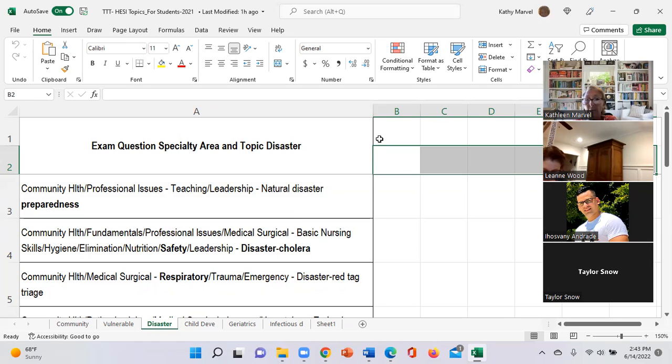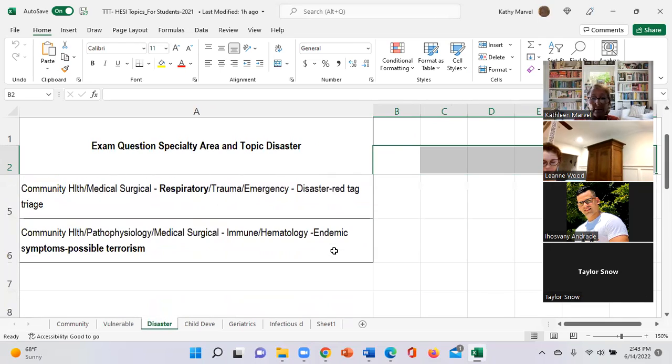I'm just going to go through these since nobody's participating. Natural disaster preparedness was covered. And here's where I told you in the study guide, cholera is covered in some way. Not sure what they're asking about, but cholera is covered, so you should probably know what that is.